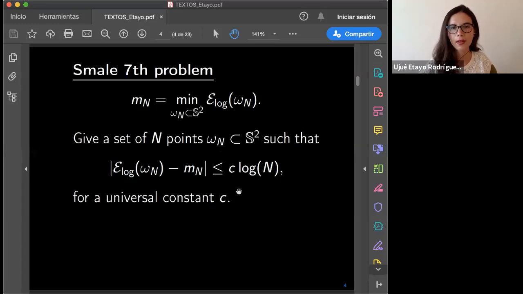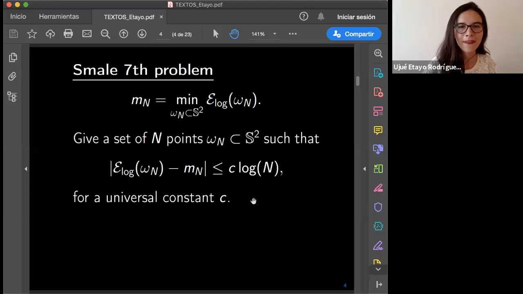And this is where this log n plays an important role. So not only minimizers, but points that are close enough to the minimizers are really important. And if they are close enough in this particular sense, the difference between their energy and the minimal possible logarithmic energy is bounded by some factor of log n, then we are done with Smale's seventh problem, which is nice.